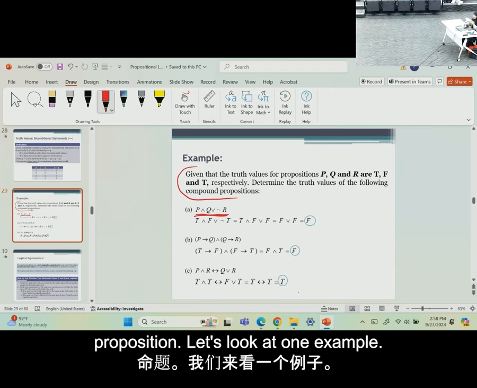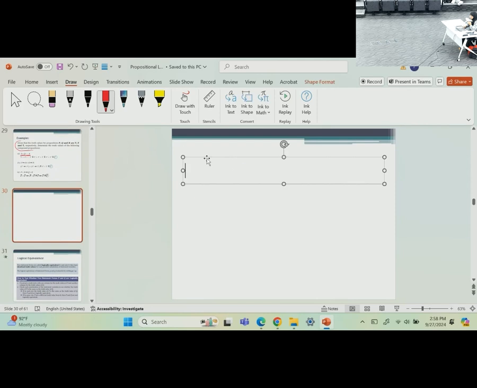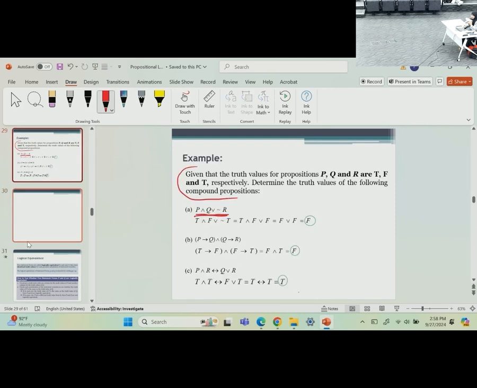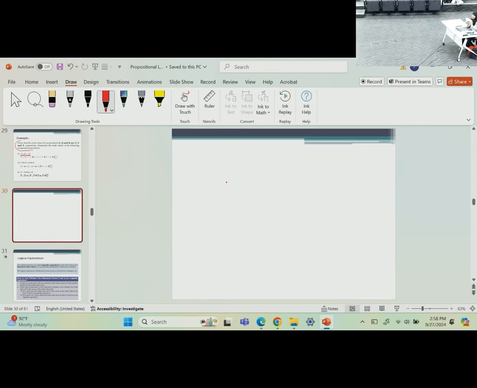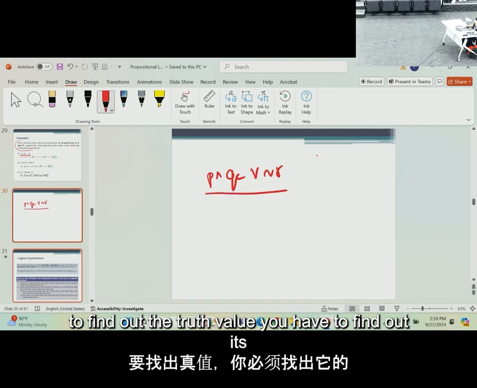Let's look at one example. So this is the compound proposition for which you have to find out the truth value.